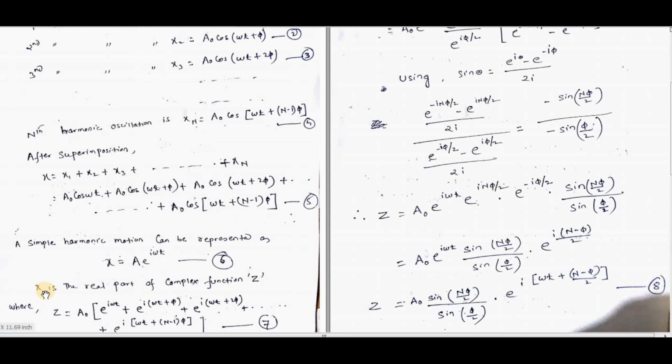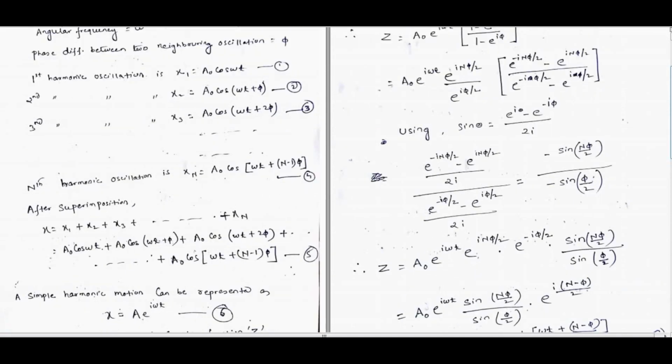So the displacement is represented by a0 cos omega t, a0 cos omega t plus phi, like this. So this represents the real part of the complex function z. So the complex function z will be a0 times e to the power i omega t plus e to the power i omega t plus phi plus e to the power i omega t plus twice phi, all the way up to e to the power i omega t plus n minus 1 phi.